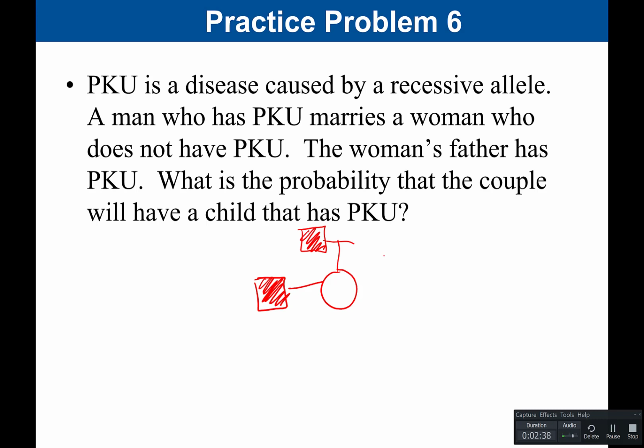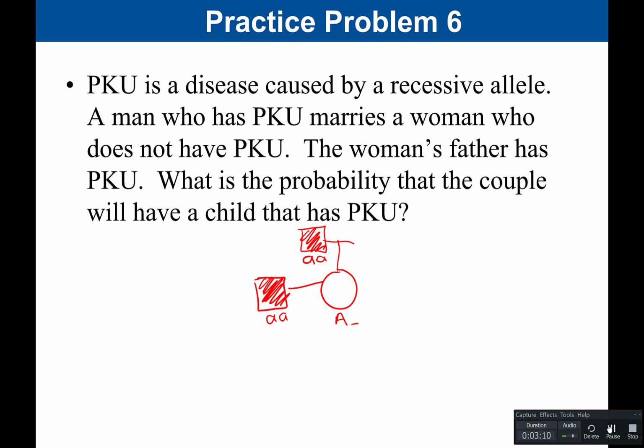So we want to start with first filling in the PKU. PKU is recessive. So what alleles do people who have PKU have to have? Let's say we use the letter A. Anybody who has PKU has to be little a. So I start by filling that in. The woman who does not have PKU, we know right away that she is big A something.